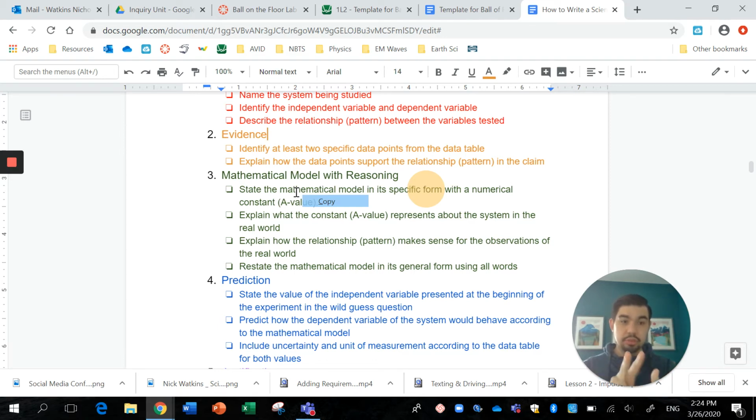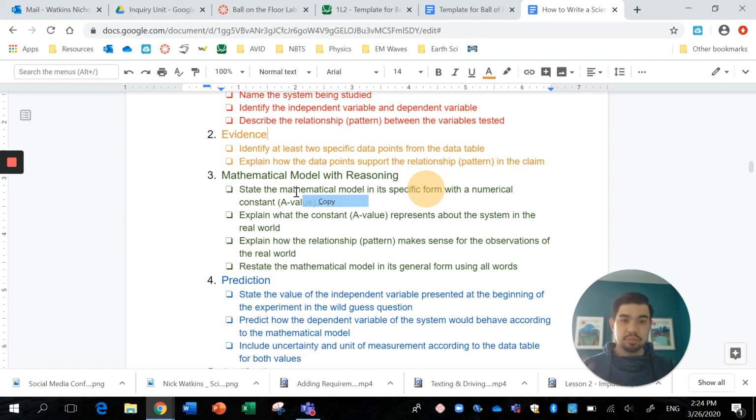So if you can show two data points, when X goes from 2 to 4, Y also doubles. If it's quadratic, we remember that quadratic patterns quadruple. So when X goes from 1 to 2, Y goes from 2 to 8. That's just showing some evidence from there.